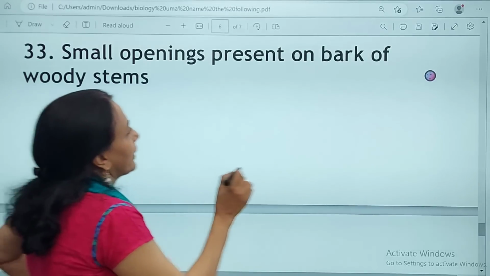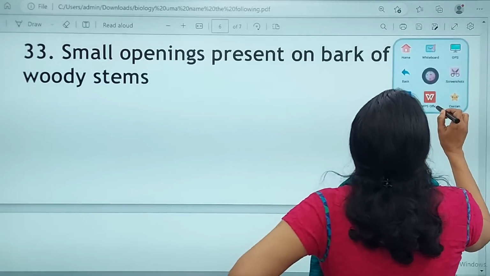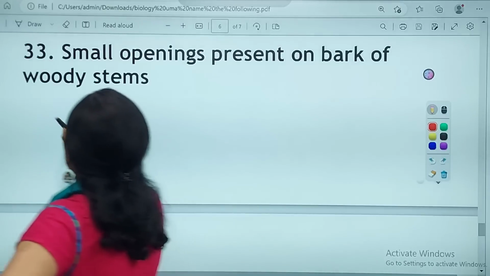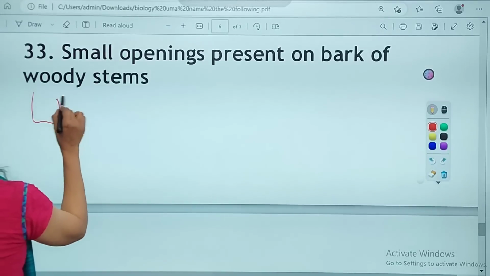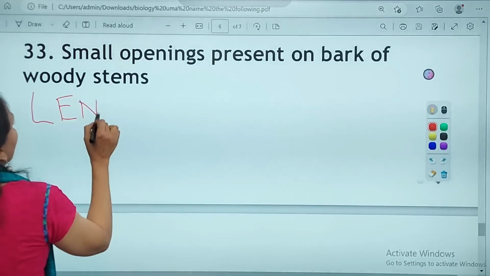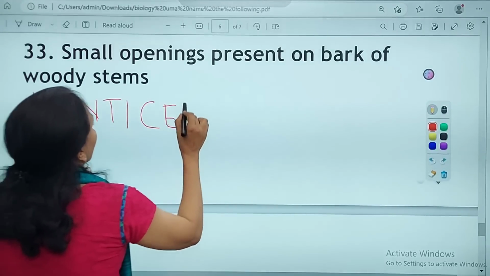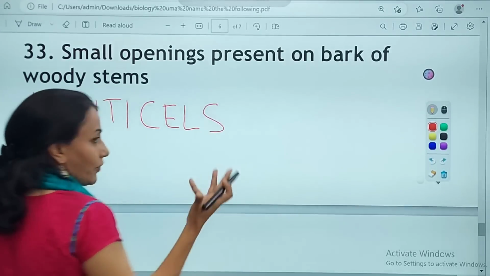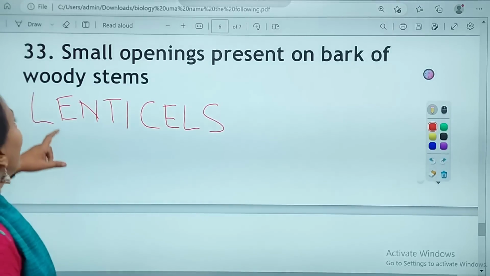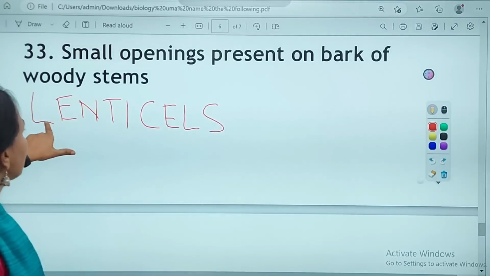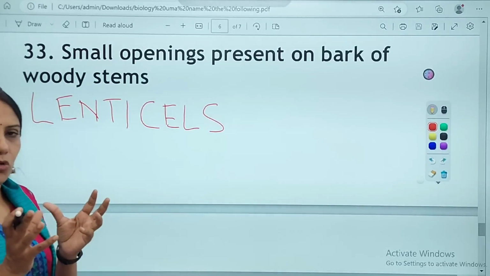The spelling once again is important. Lenticels are present on the bark of woody stems, which are the dry stems, and they are permanently open.